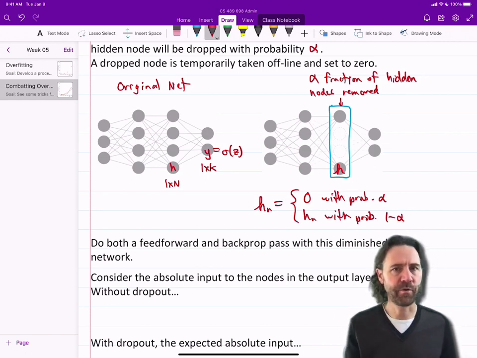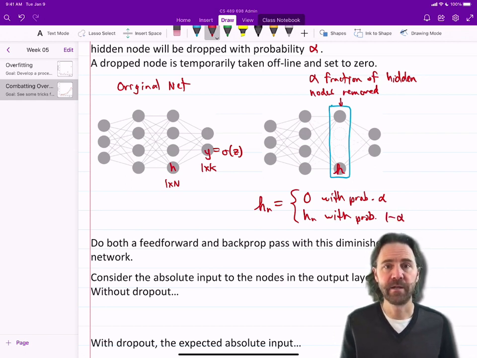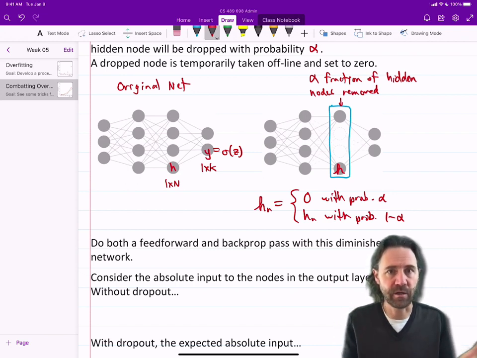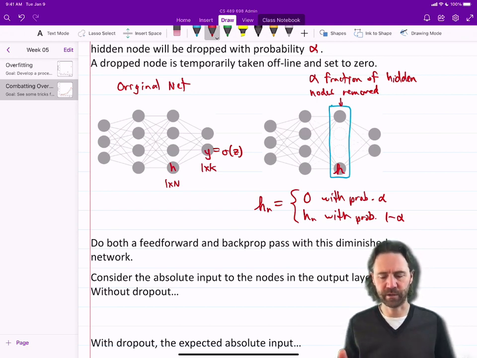So if alpha is 0.8, an 80% dropout rate, there's an 80% chance that each node will be a 0, and a 20% chance that the node will be what it was supposed to be in the normal network.